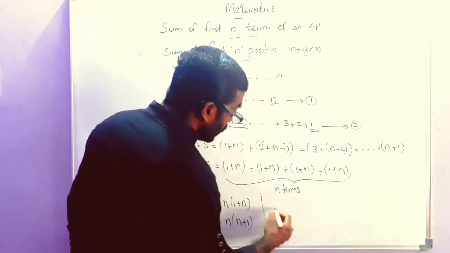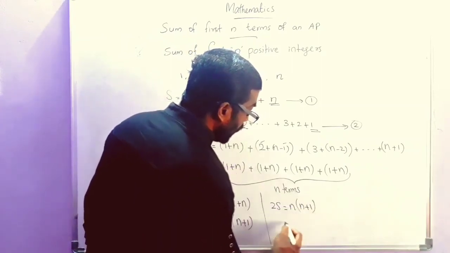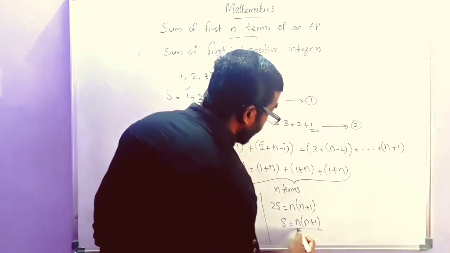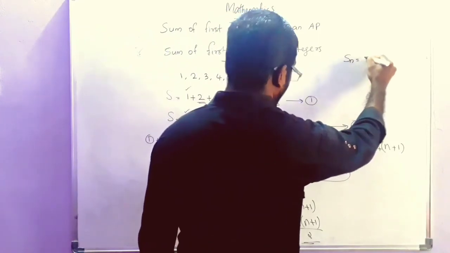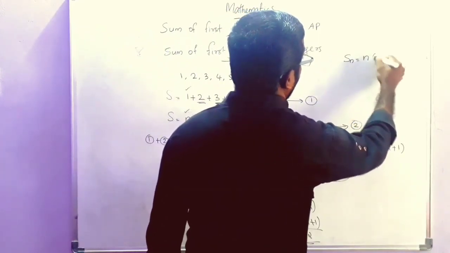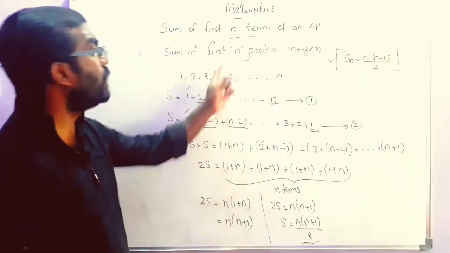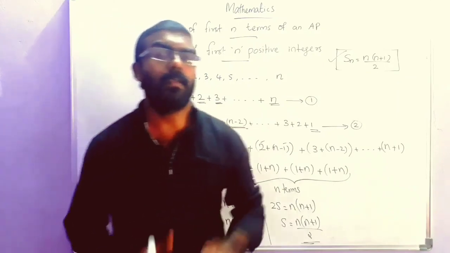That means we got 2S is equal to n into n plus 1 and S is equal to n into n plus 1 divided by 2. Or we can write Sn is equal to n into n plus 1 divided by 2. So this is the formula to find the sum of first n positive integers or the first n natural numbers.